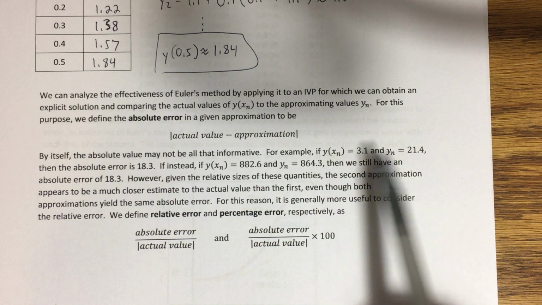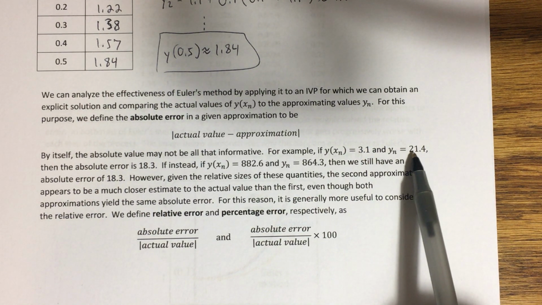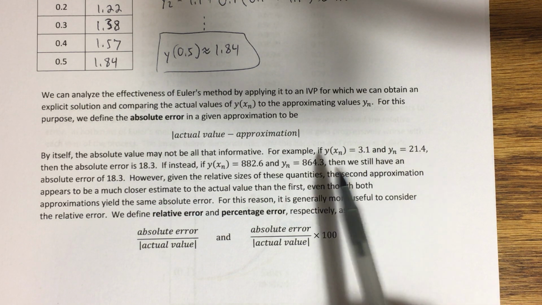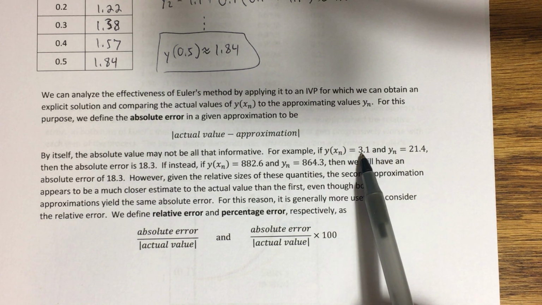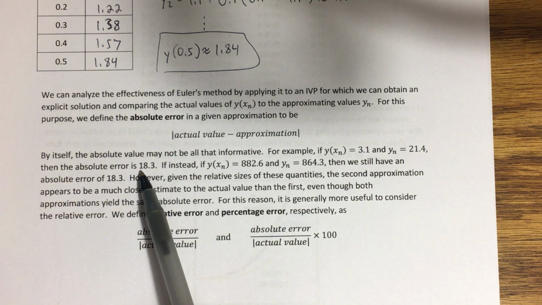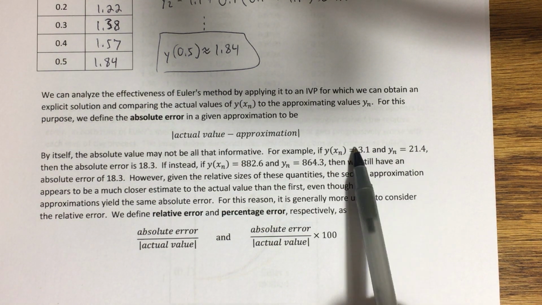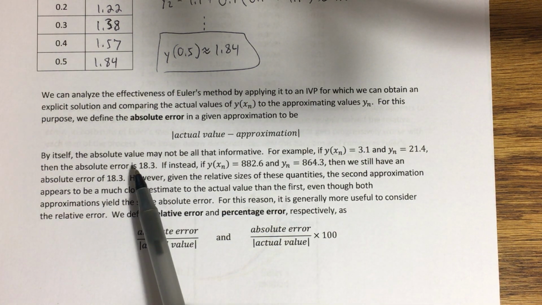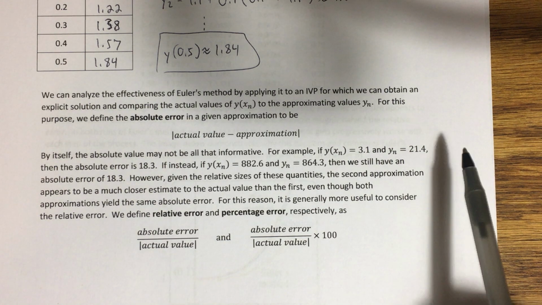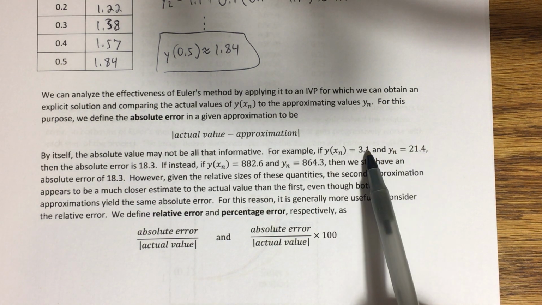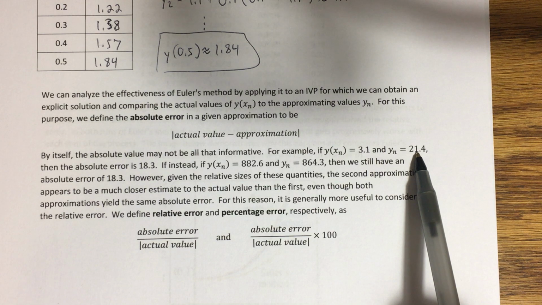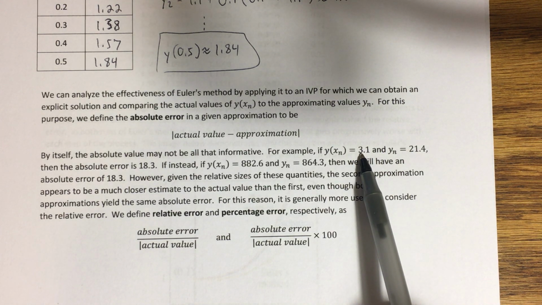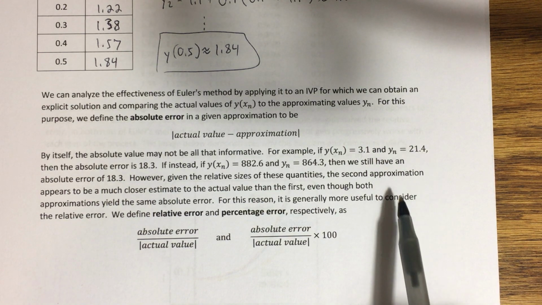If Euler's method gives you an approximation of 21.4, but the actual solution is 3.1, then the absolute error, which you can verify by taking the absolute difference of these two, is 18.3. Now I can see by looking at these two values, 21.4 is way off the mark for 3.1. This is nowhere near it.